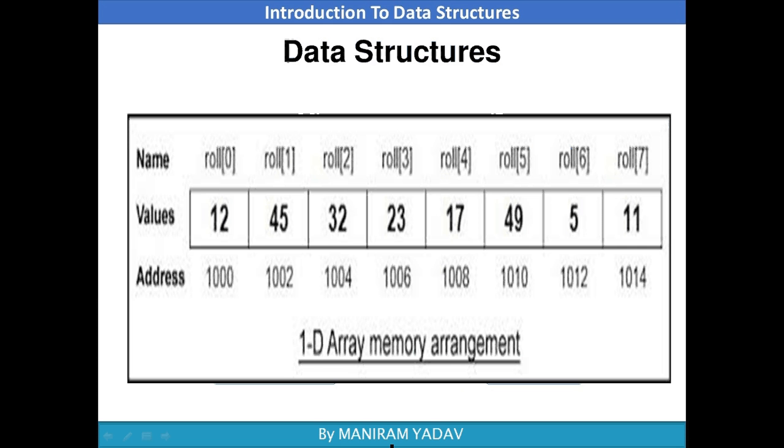We can't indicate what will be the address of that particular element of the array. It is explicitly assigned by the system at what address which element is going to be stored. So this is the concept of one dimensional memory management.